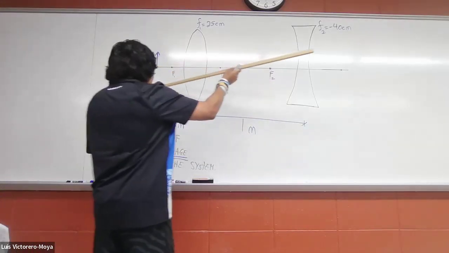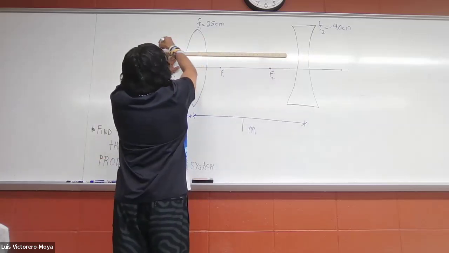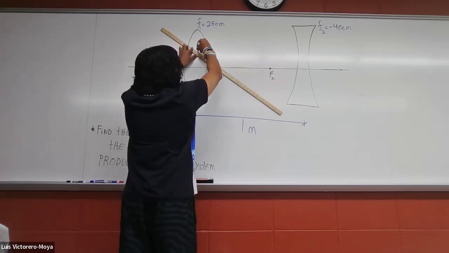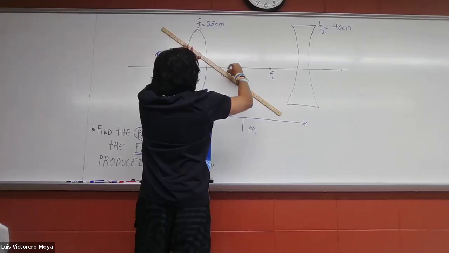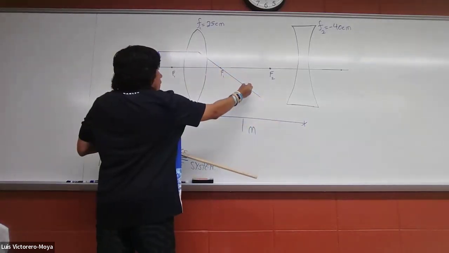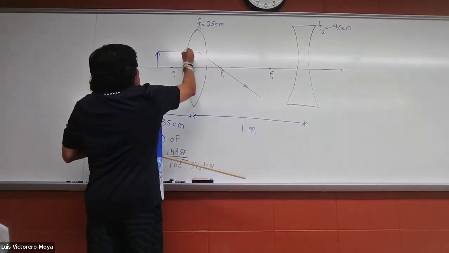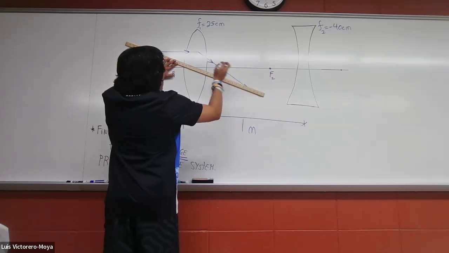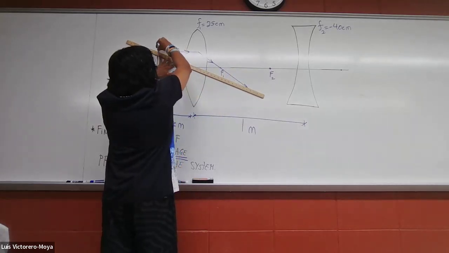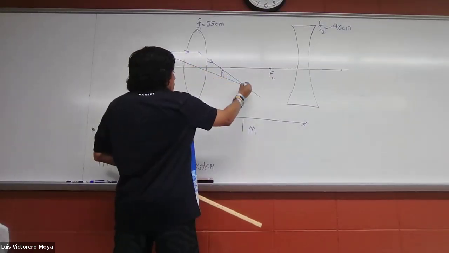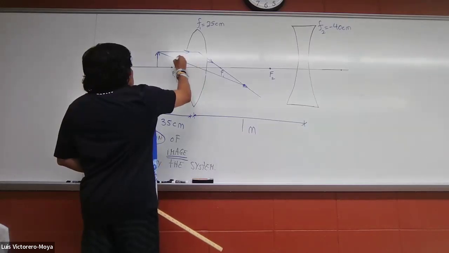For the convergent lens, you have a parallel ray that goes like this, right? And then you have the one that goes to the center. Perfect. There. They intersect there.